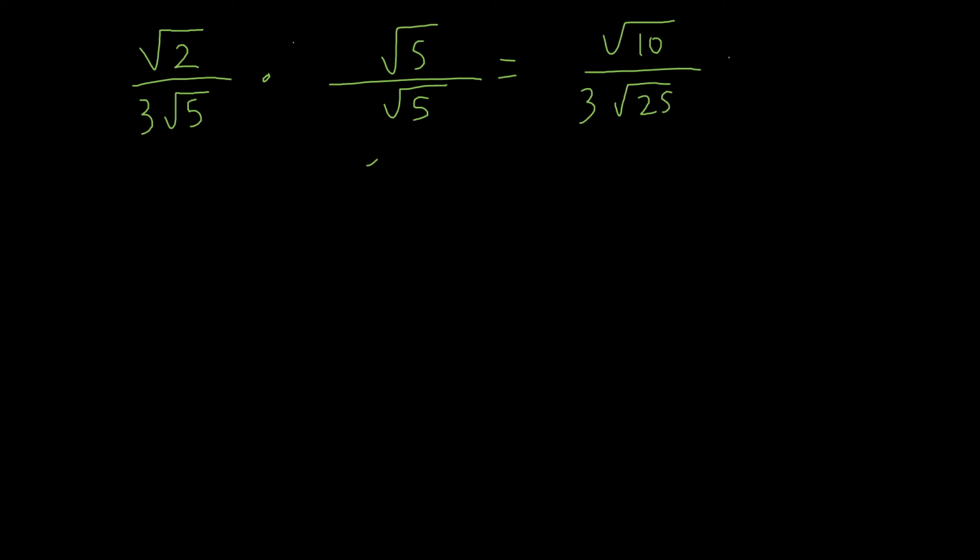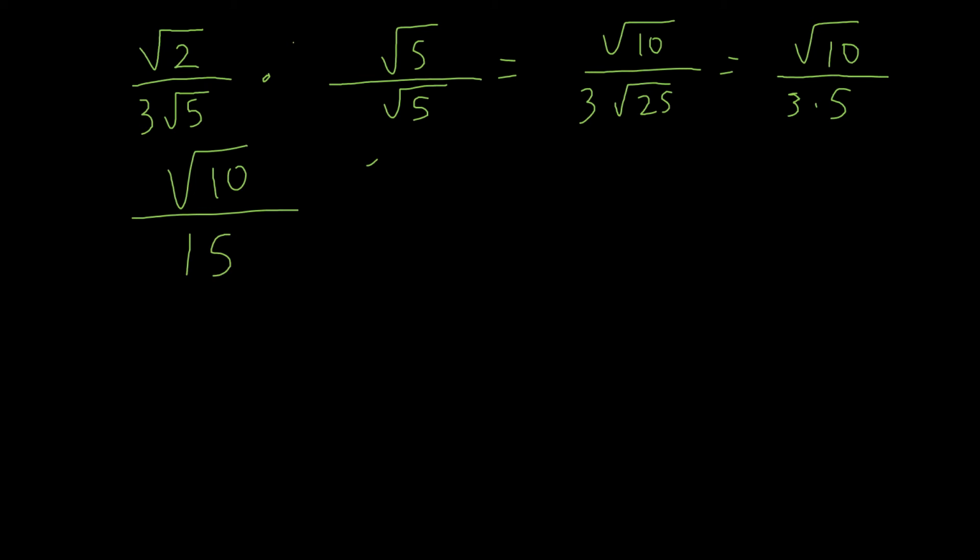The square root of 25 is just going to be 3 times 5. And then I have the square root of 10. So from here, it's going to be the square root of 10 divided by 15. And from here, that'll be your final answer.